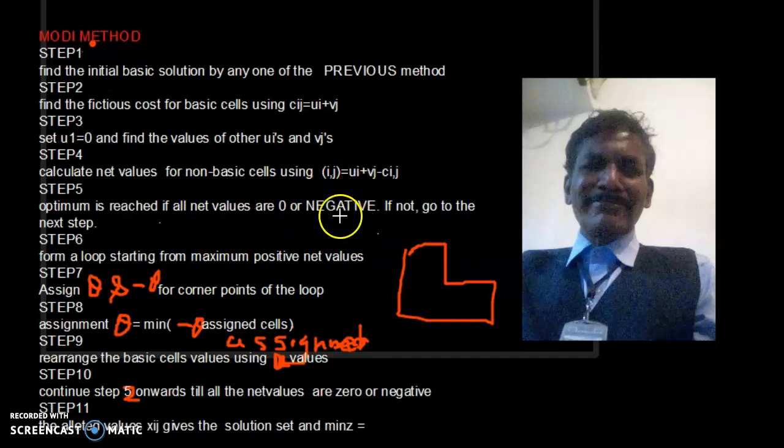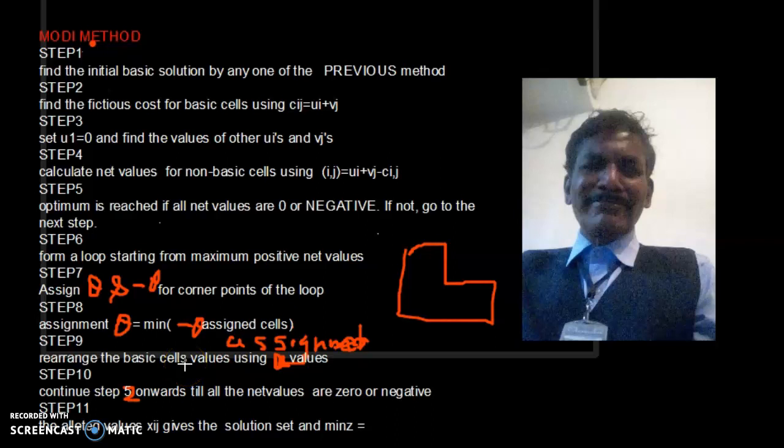If any positive number comes, again we have to draw the loop, assign the values theta and minus theta, and for theta we have to choose the minimum of the minus theta assigned cells. That value, which is the minimum, we have to assign, and we will get a new value and a rearrangement of the basic cells.